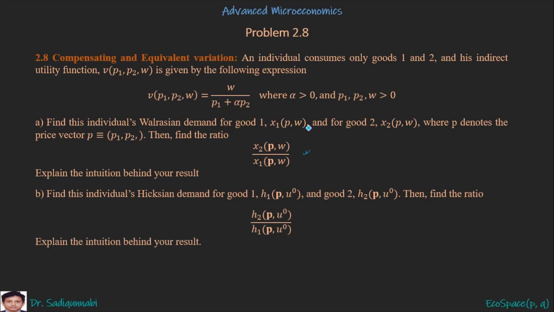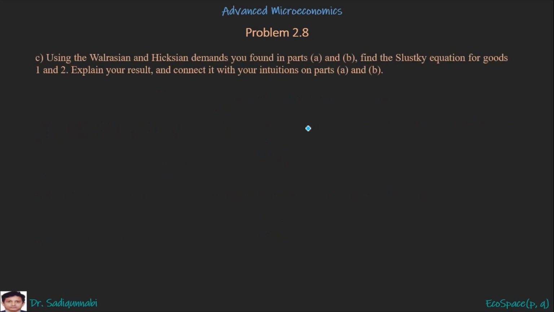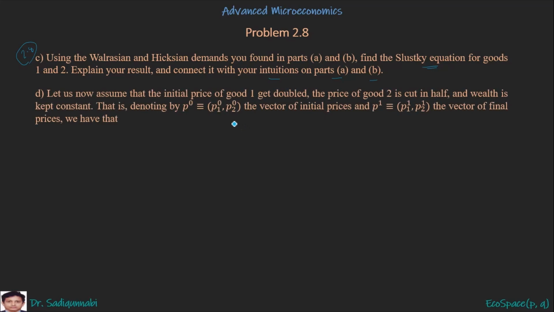Question 2.8c says, using the Walrasian and Hicksian demands from parts A and B, find the Slutsky equation for goods 1 and 2, and explain your result and connect it with your intuition in parts A and B. So question C is connected to questions A and B. Now the final question is, assume that the initial price of good 1 is doubled and price 2 is cut in half.